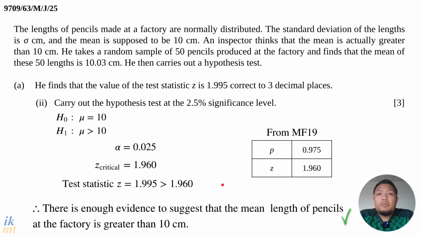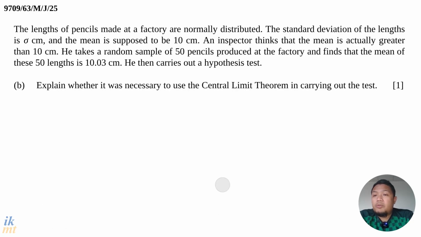All right, so let's move on to the next part of this question, and that is part B. Explain whether it was necessary to use the central limit theorem in carrying out the test. Now, you have to think about what the central limit theorem is for. Central limit theorem just says that if you have a large enough sample, right?